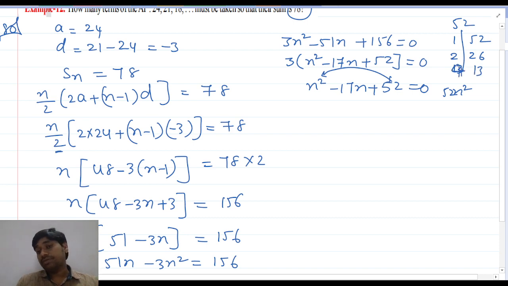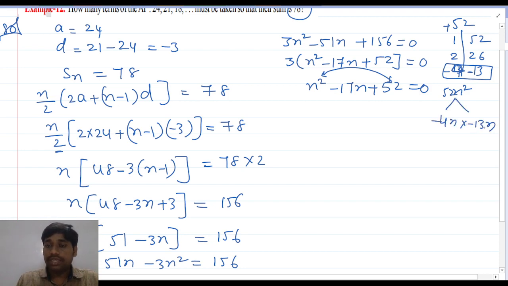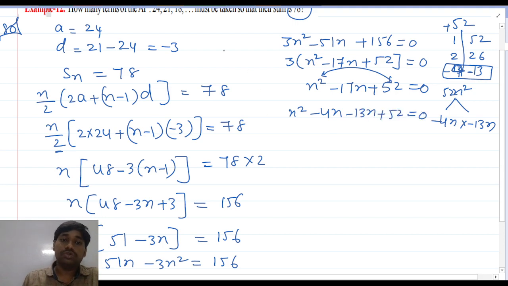These are possible, the rest is not possible. If you add these two by keeping minus and minus, we may get the middle term. So this 52 can be written with 4n and minus 13n: n square minus 4n minus 13n plus 52 is equal to 0.